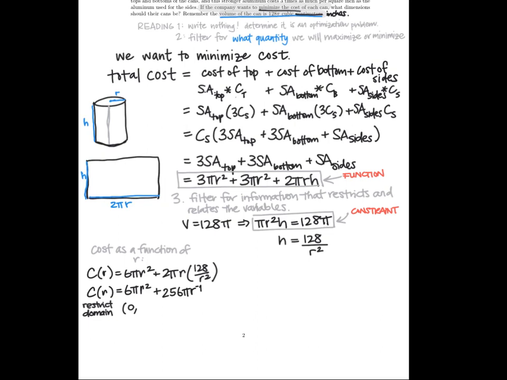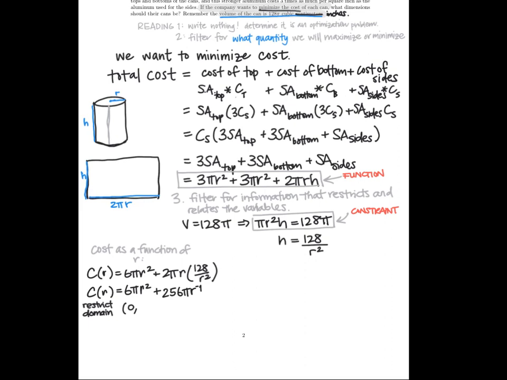If height were very, very small, radius would need to be very, very large for us to hit that 128 pi. Now, what's interesting is to think, okay, I understand that radius at its smallest will be 0, but not inclusive of 0. That means that radius at its largest will be when height is at its smallest.